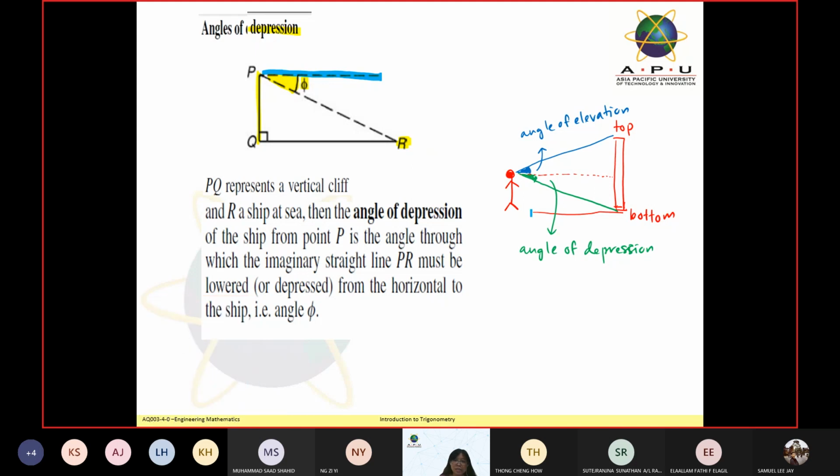And the angle must be measured from the horizontal line. So look up, angle of elevation; look down, angle of depression. So do you think you can understand? Is that okay?